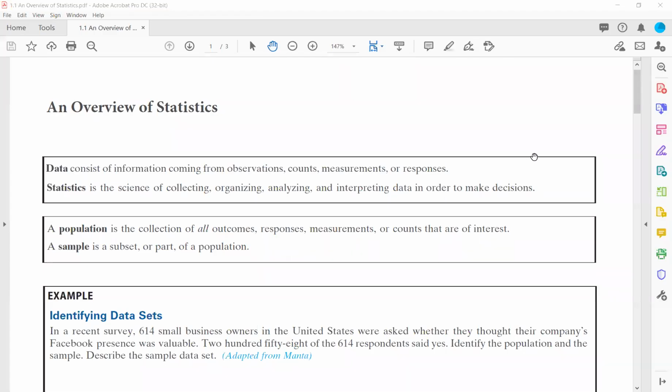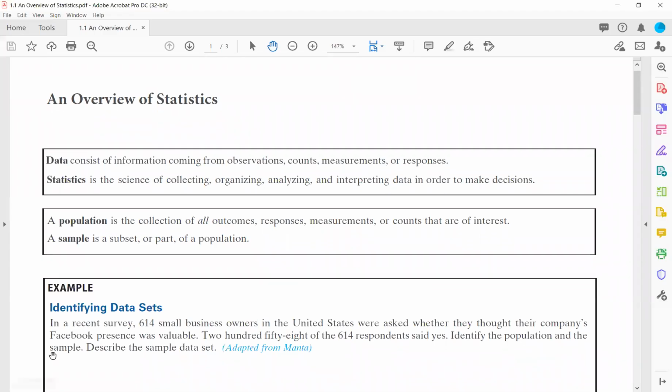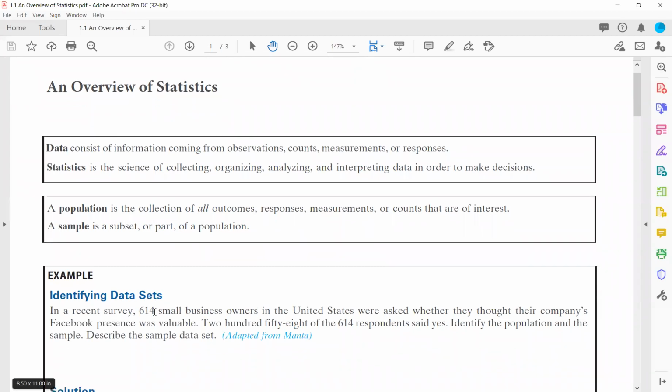Our very first example, identifying data sets.